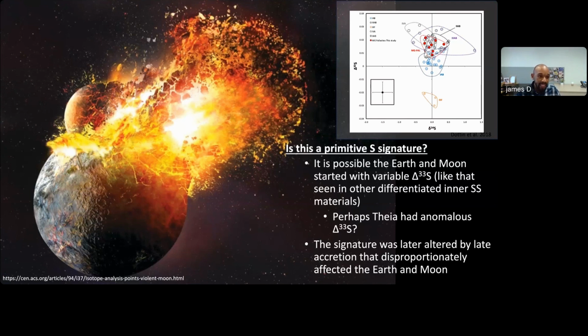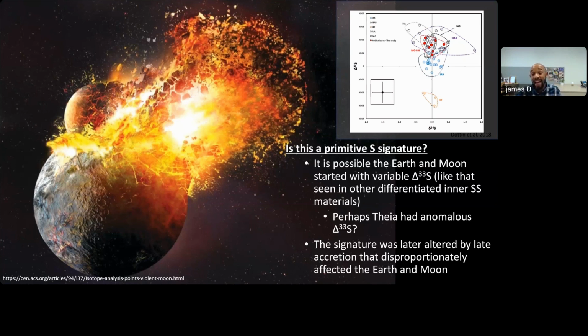And at least in the lunar system, it's possible that we're only seeing this in the orange glasses because the rest of the mantle was later altered, say by late accreted materials that shifted the delta 34S composition, or the cap delta 33S composition, much closer to zero.